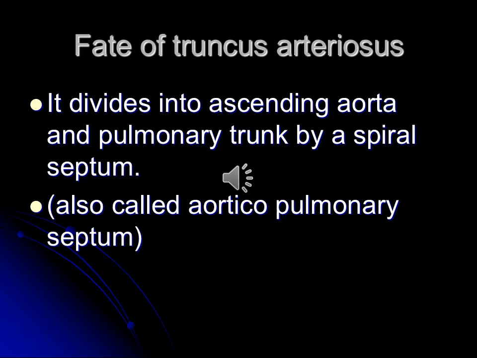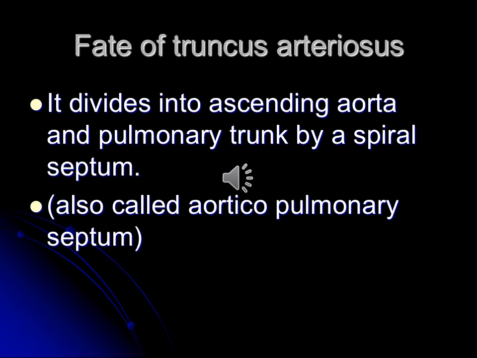Remember the arch of aorta. The ascending aorta comes from the left ventricle, ascends to the right, and the arch of aorta goes from right to left. Now let's come to the pulmonary trunk. Coming from the right ventricle, it ascends to the left, and then it divides.